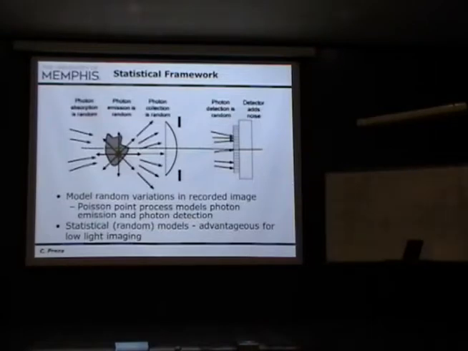So we can model all these random variations that take us all the way to the recorded data using some kind of a random model. The Poisson point process model is one that has been widely accepted as suitable for photon emission and photon detection, and is particularly advantageous for low-light imaging. Okay, so I'll talk a little more about Poisson modeling.